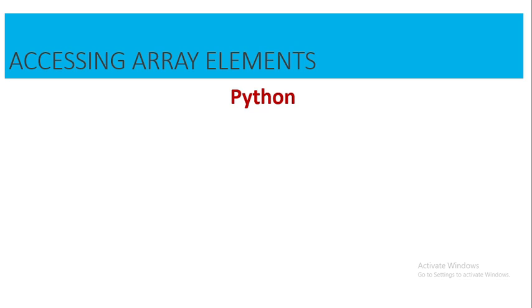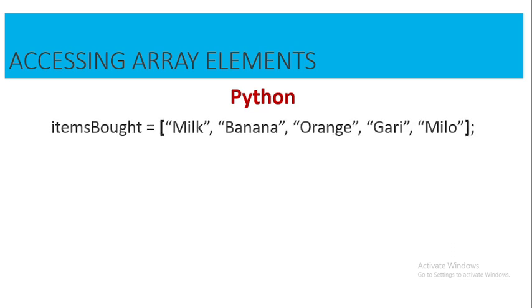Now in the Python programming language, with your items-bot: milk, banana, orange, Garri, Milo. How can we access Milo?